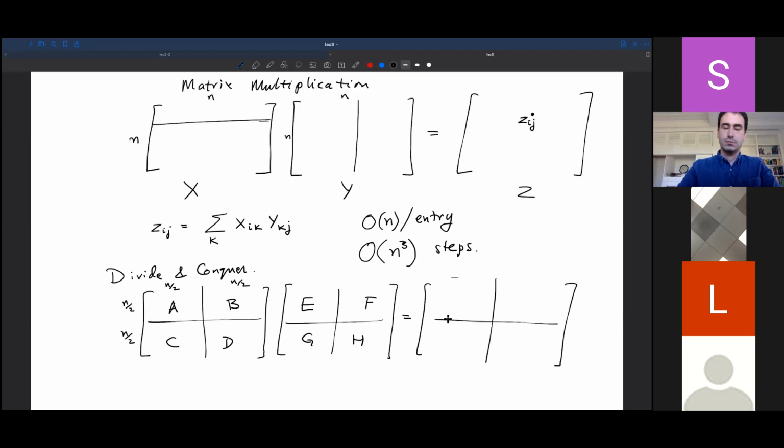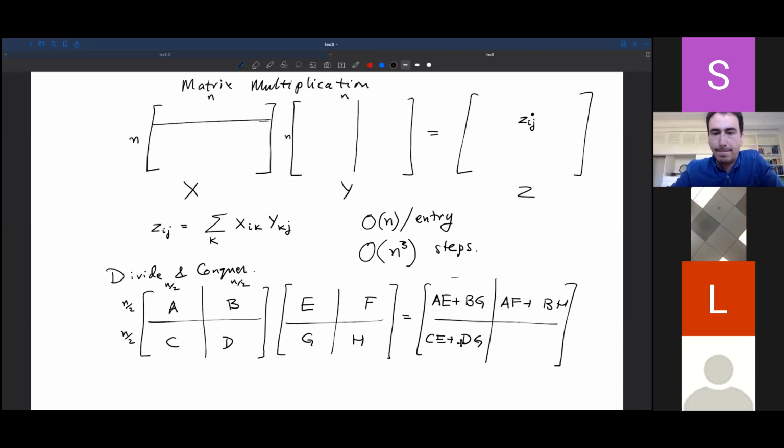This matrix on the top left is going to look like A times E plus B times G. It's as though these were numbers. We take A, first row times first column, A times E plus B times G. This would be first row times second column, A times F plus B times H, C times E plus D times G, etc.